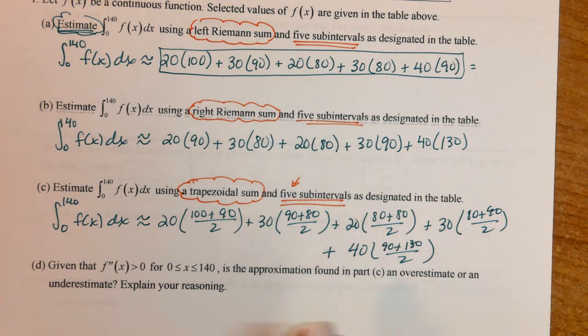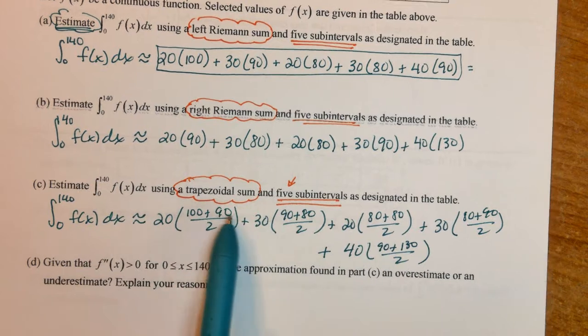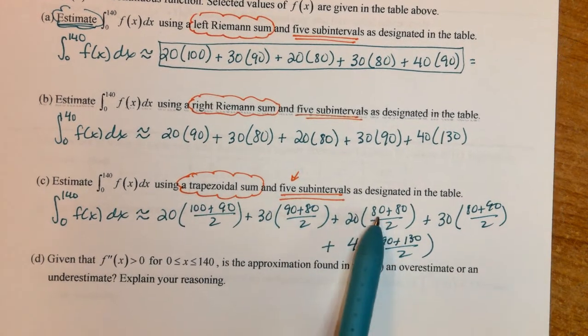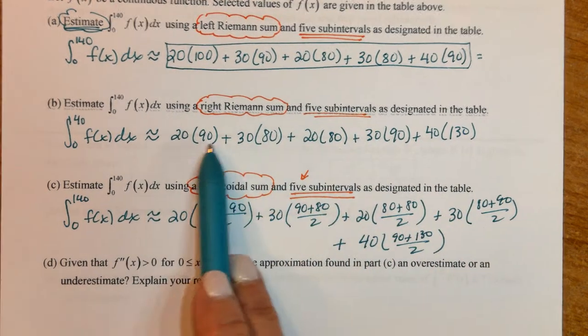Okay? So that is left, right, and trapezoidal approximations. Okay? And again, there's no reason to simplify. By the way, if this is an FRQ, AP has got to see these values. They've got to see what you have to write down, each of these heights all over the place.